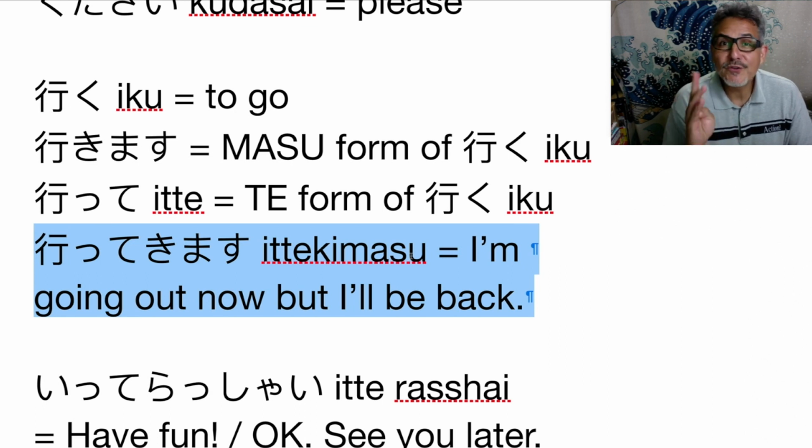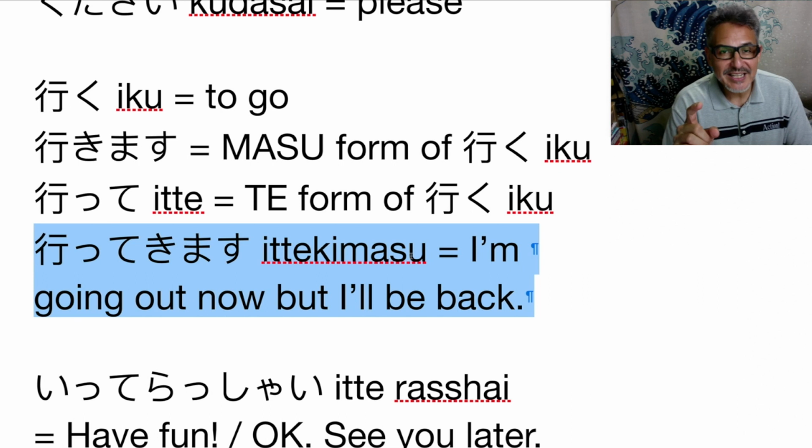So you use it for your house. When you leave your house, or if you're at your office, I suppose, and you're just going out to get something and you're going to be back really quick, you would say ittekimasu. I wouldn't use it to go to the bathroom though. Okay, so you're going to go out, run an errand, do something, come back. Ittekimasu.